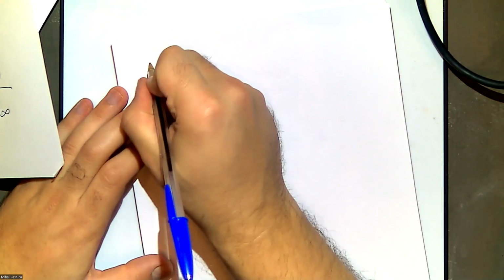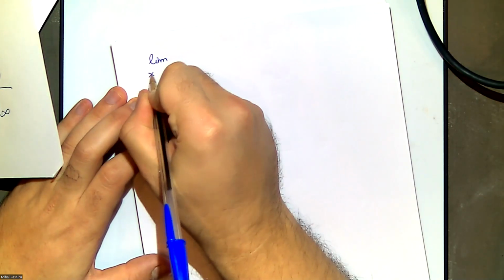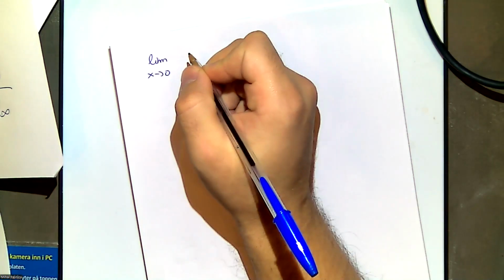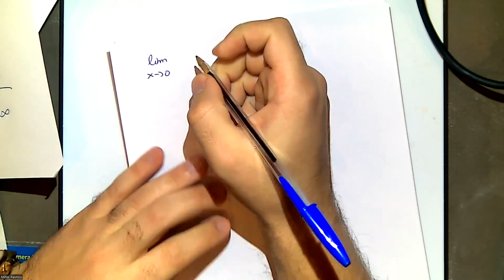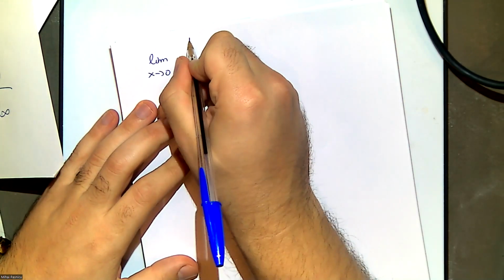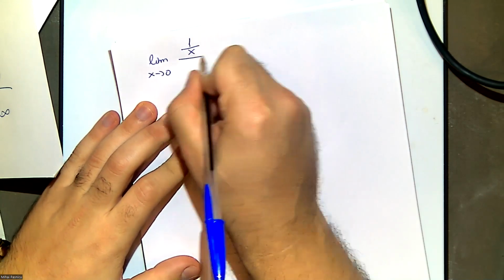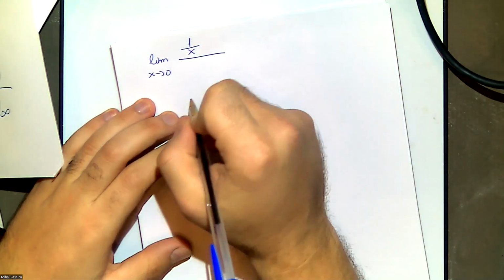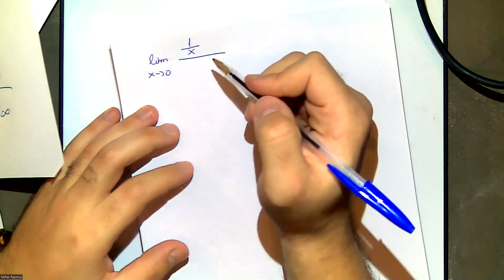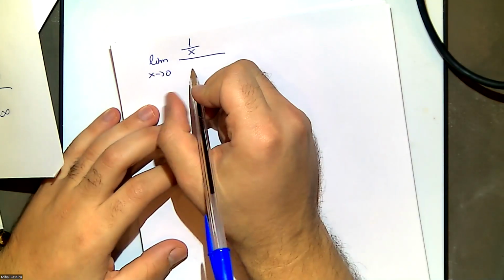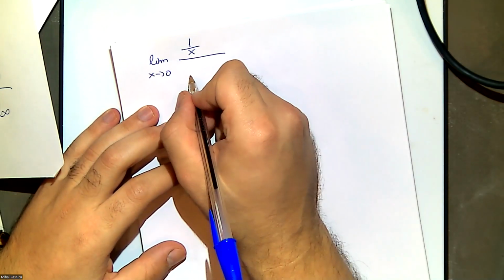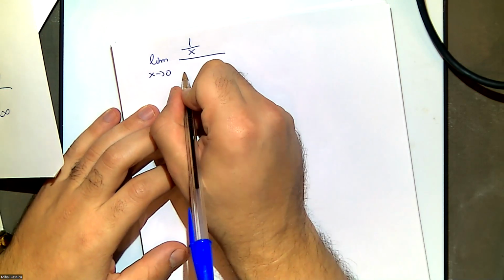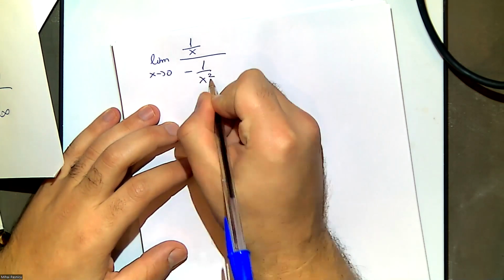I just get the limit when x goes to 0. Let's just assume x is positive for simplicity, but we'll get to that some other time. 1 over x over, what is the derivative of 1 over x? It's just minus 1 over x squared.